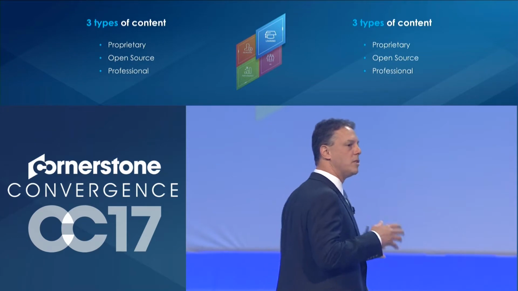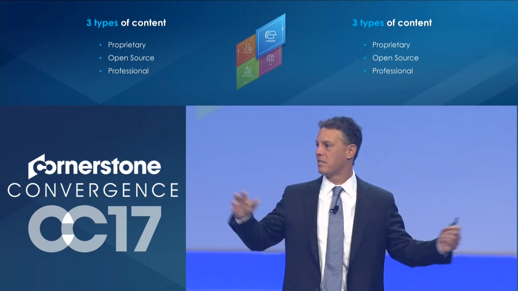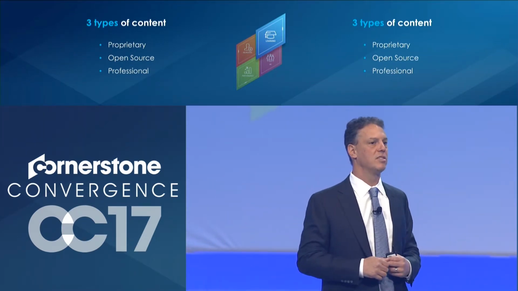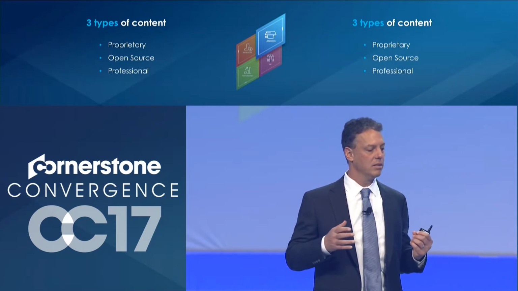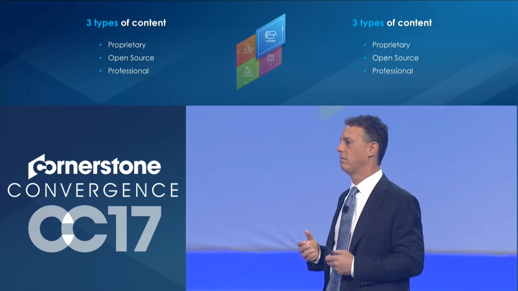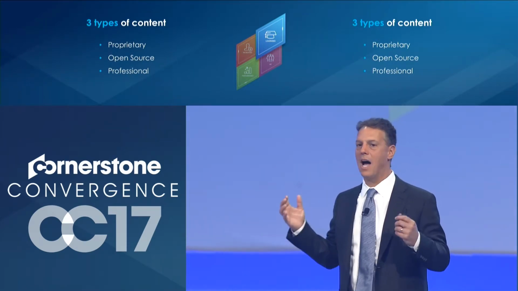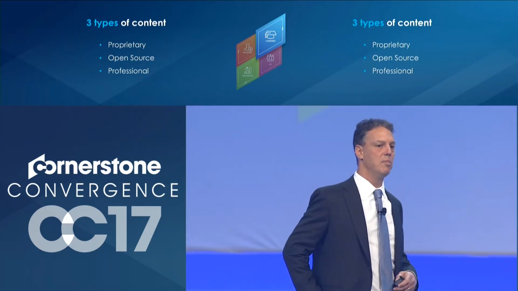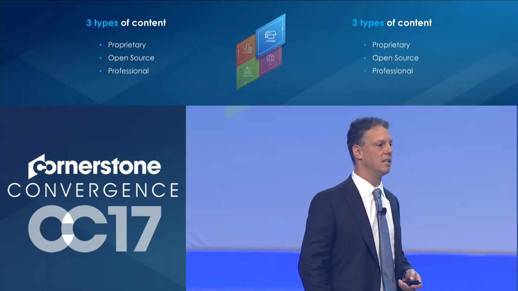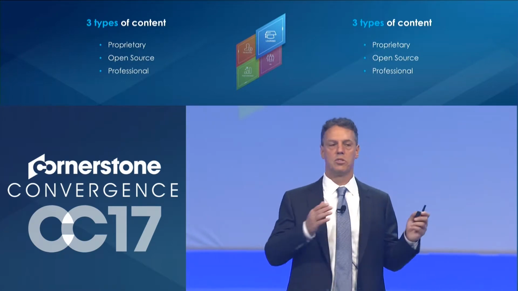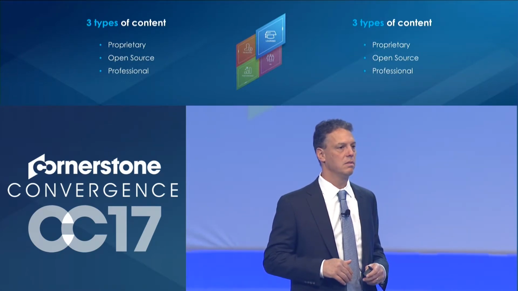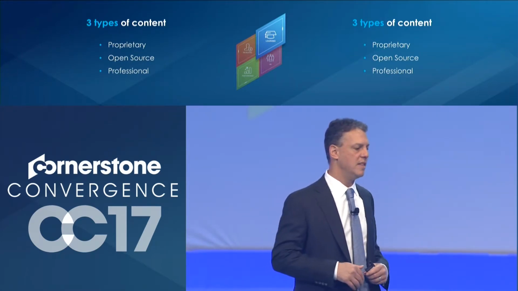There's open source content. This is all the content that's now available out there in places like YouTube. And there's professional content. And there's many content providers out there making professional content that helps you in certain subject areas. So how can we help in this area?